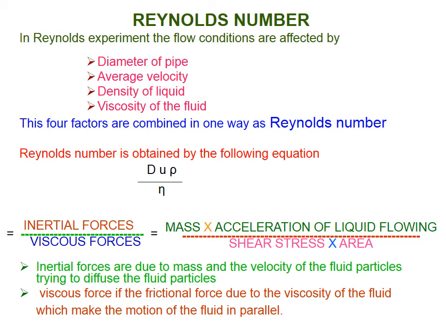So D denotes diameter of pipe, U denotes average velocity, rho denotes density of liquid, and eta denotes viscosity of the fluid.